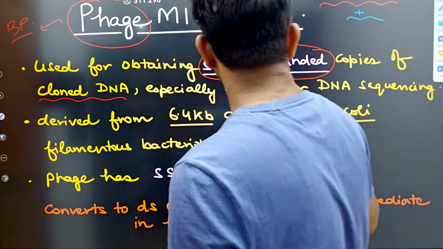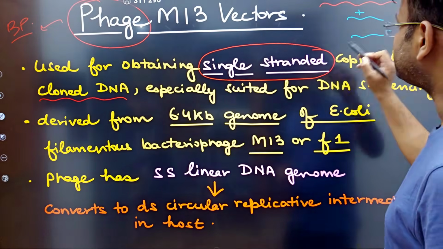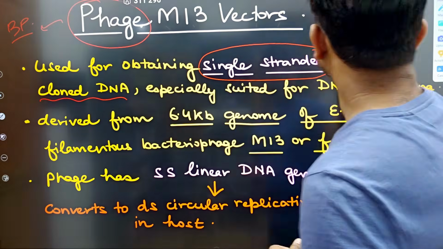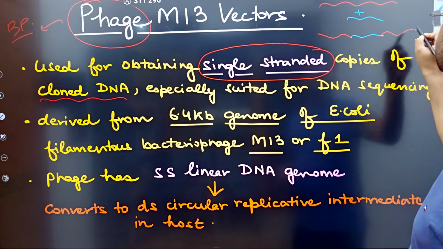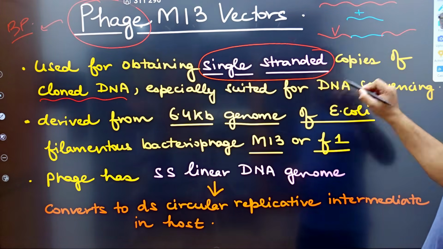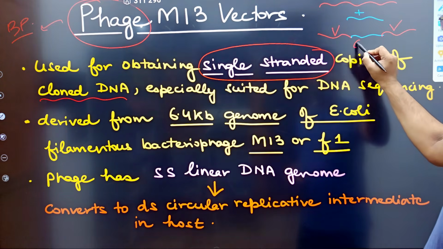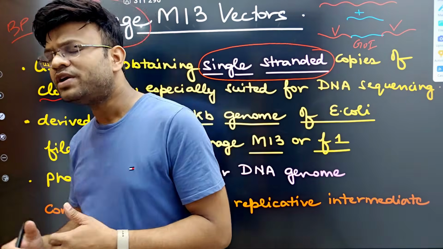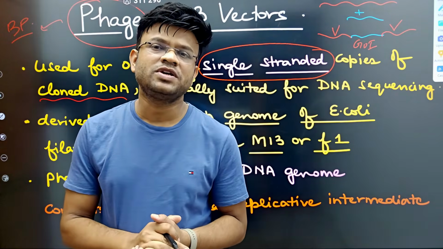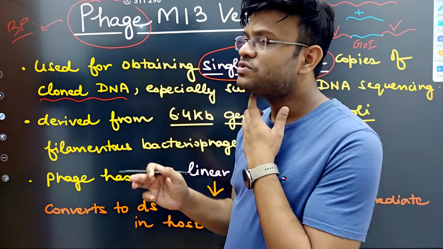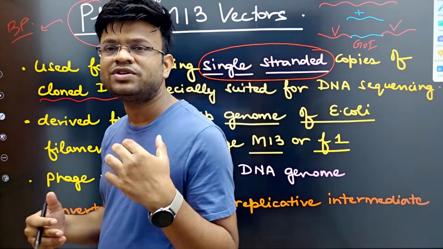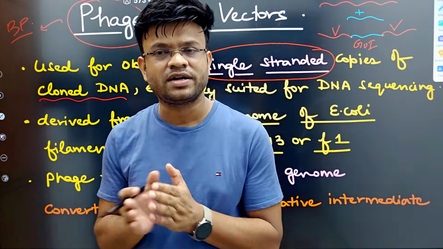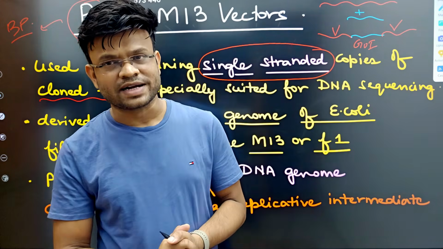This gene of interest would integrate between the vector DNA, something like this. You can see that this part is from the vector, this is from the vector, and this is my gene of interest. So it will become cloned DNA. When we are interested in obtaining single stranded copies of the cloned DNA, we make use of M13 phage, primarily because the M13 phage vector is also a single stranded virus, or its genomic composition is single stranded DNA.